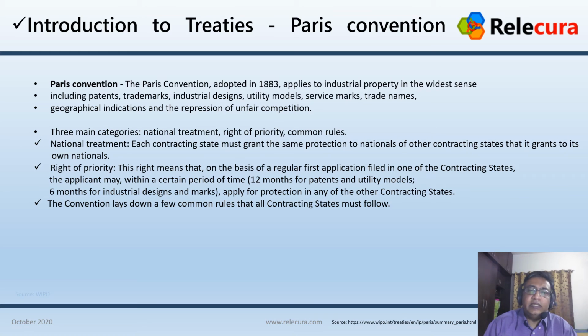The first is national treatment, the second is right of priority, and the third is common rules. In national treatment, each contracting state must grant the same protection to nationals of other contracting states that it grants to its own nationals.